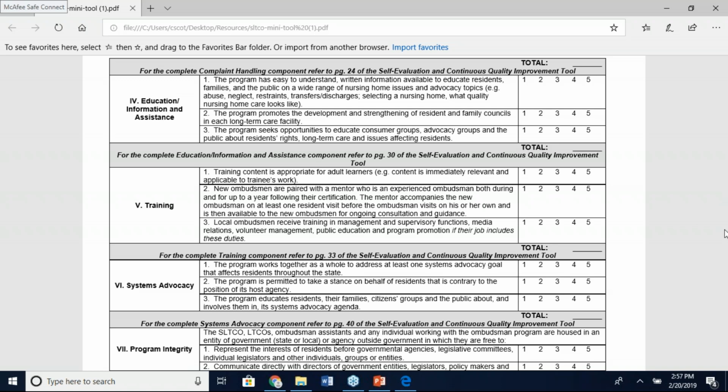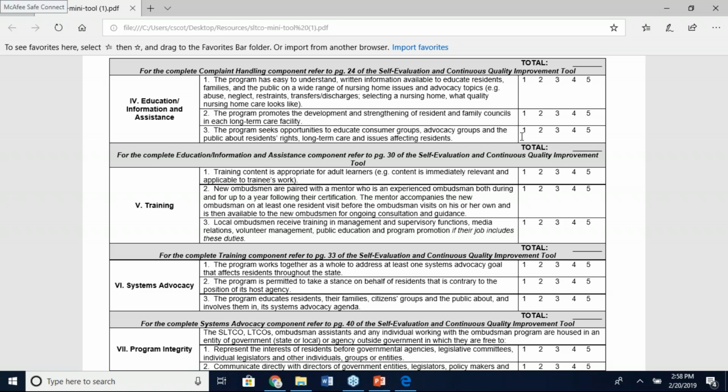So I gave myself a 4 here, but I might have been generous. This is an area for Texas, at least, where policies are important as well. When you look at systems advocacy item 2 and item 3, the program as a whole, not just me or my state office, but the local ombudsman being able to perform those functions when they want to, because of where they're housed, is something we've really tackled and accomplished.